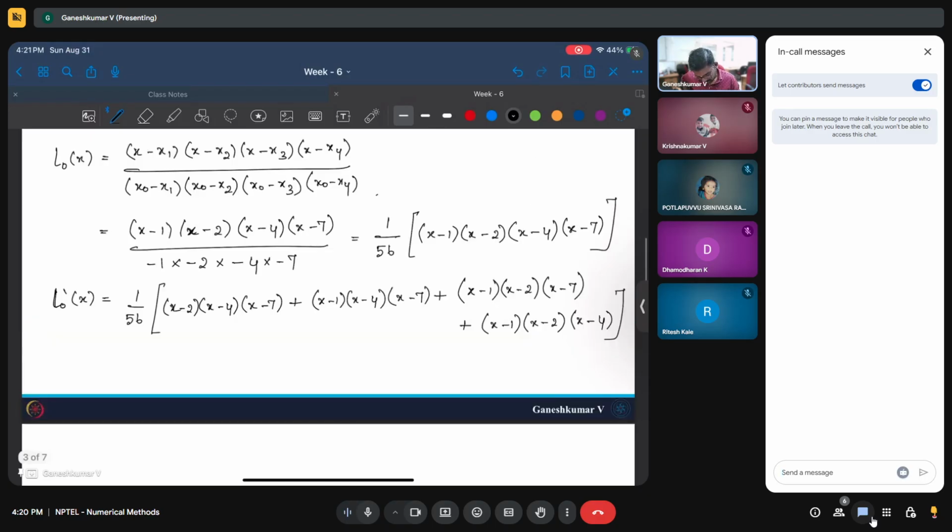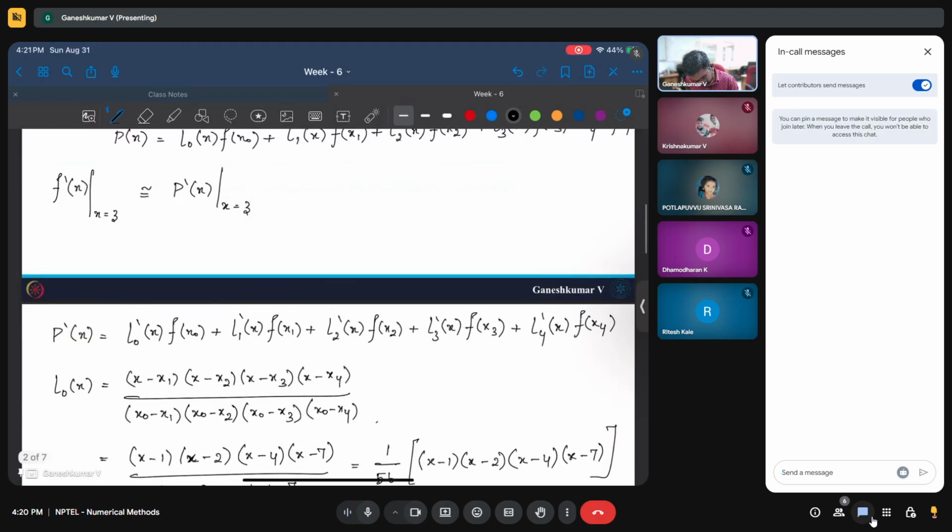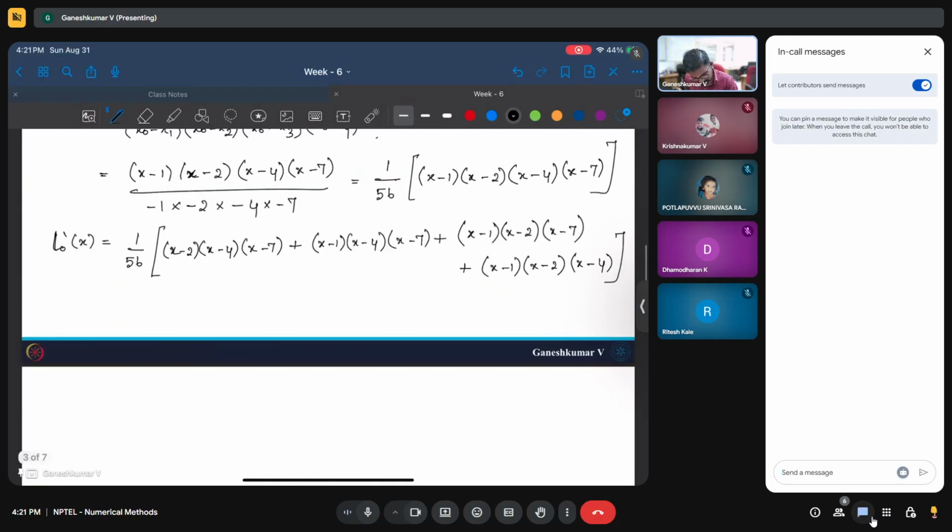Now, what we actually need is p dash of x at x equal to 3. So let's substitute here also. Let's find out what is L naught dash of x at x equal to 3. You can assemble everything and substitute, but here it's easier to substitute it here.